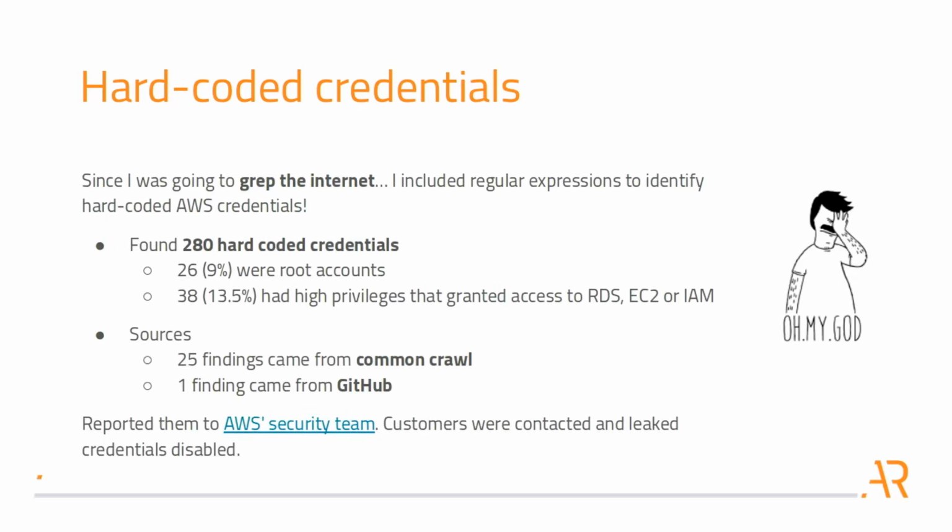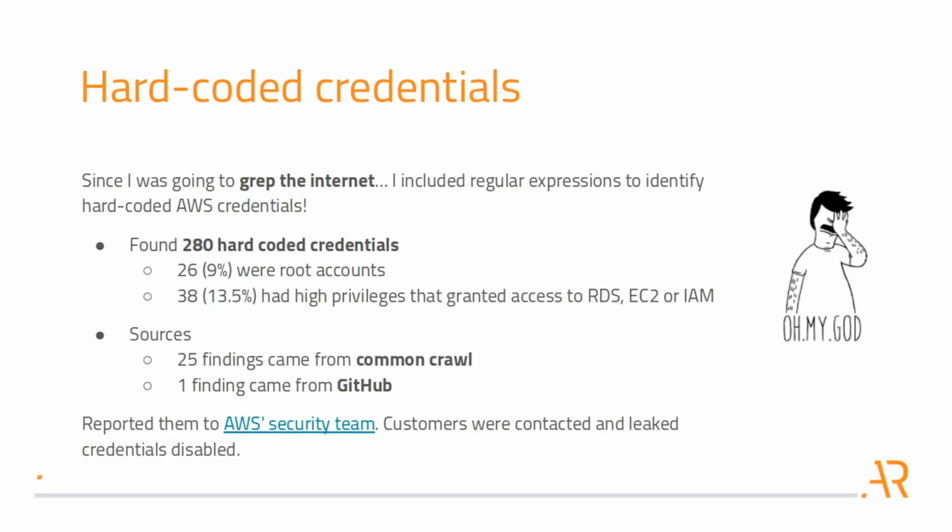And from those 280, 38 had elevated privileges. I could do almost everything. They were not root accounts, but I could do almost everything. Those credentials were hard-coded somewhere on the internet. And I found from the 26 that were root accounts, 25 came from Common Crawl.